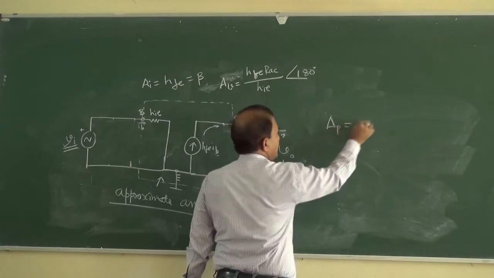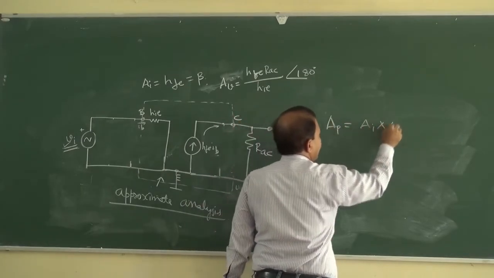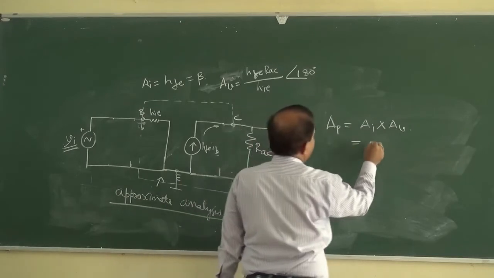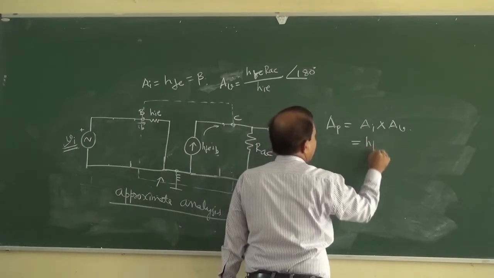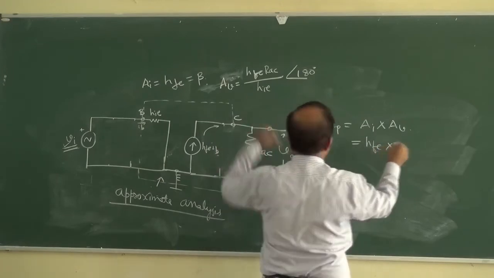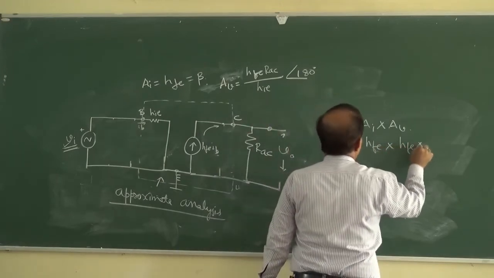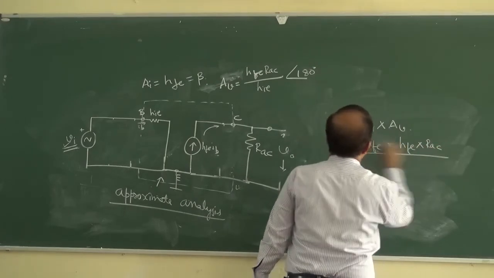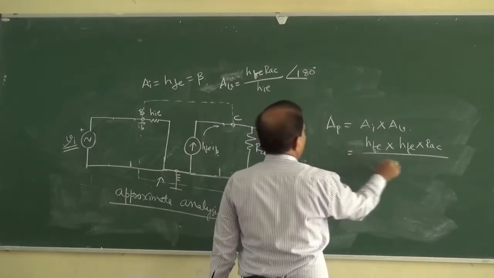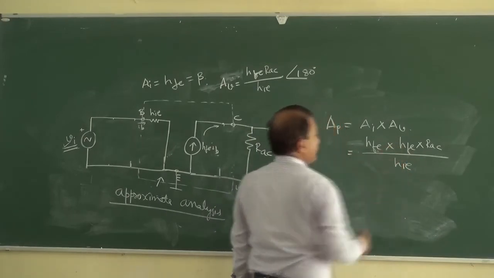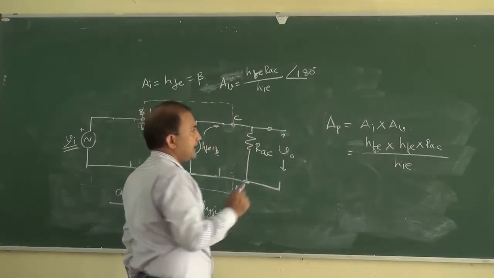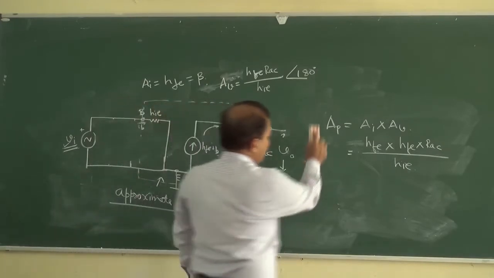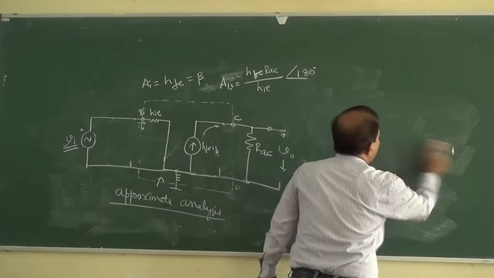Power gain is equal to current gain multiplied with voltage gain. So we can multiply it like this: HFE multiplied with HFE into RAC divided by HIE. Okay, current gain and voltage gain multiplication. So it is the power gain.